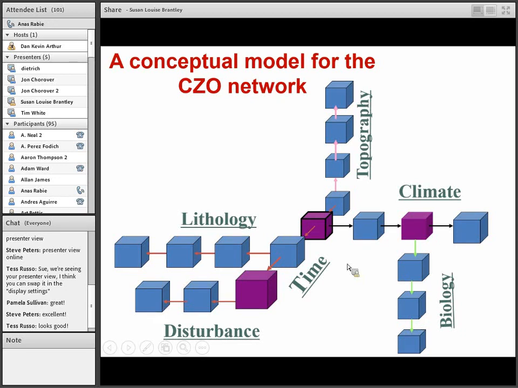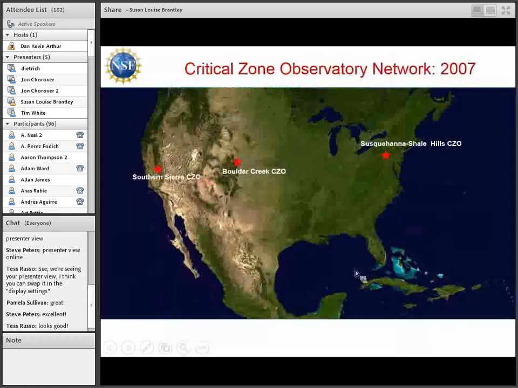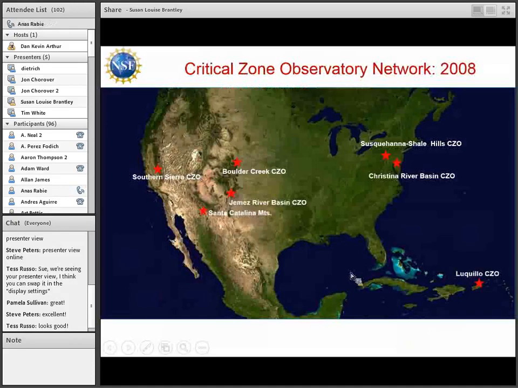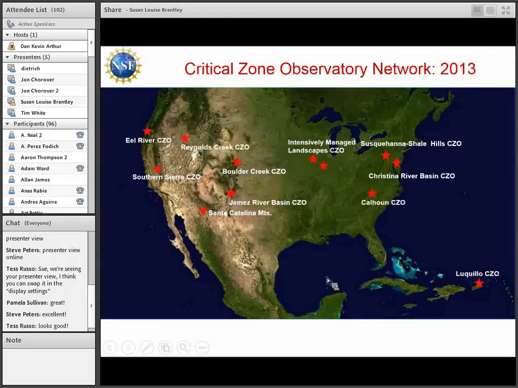Now, we would like to think about the network of CZOs that we have right now and place them into some kind of network diagram, and this is not that easy to do. Quick and dirty way of thinking about it: here's our climate gradient and our lithology gradient. You can see different kinds of lithologies that are represented.